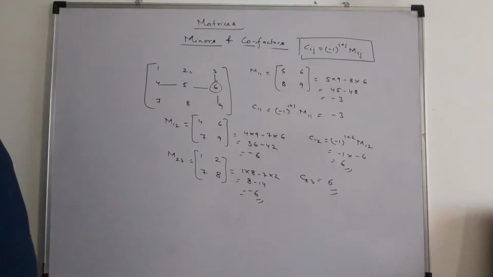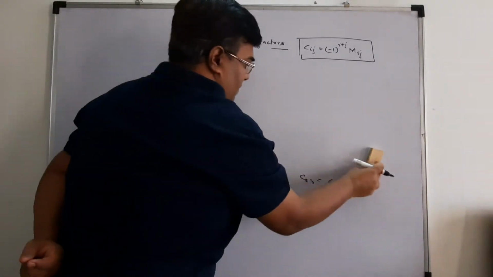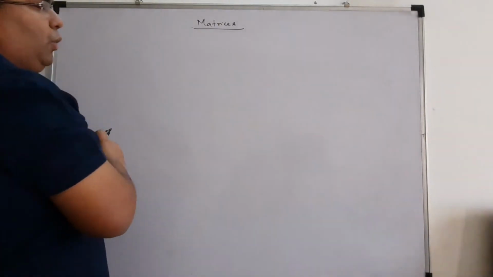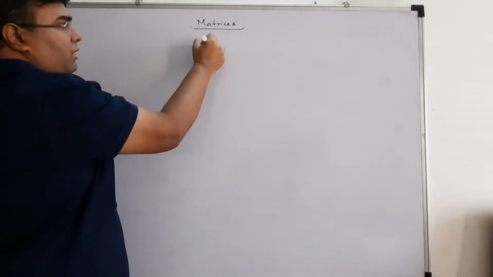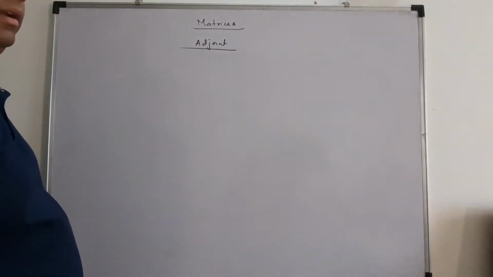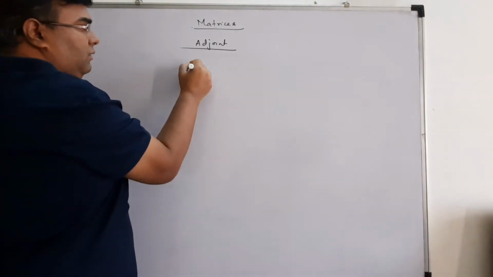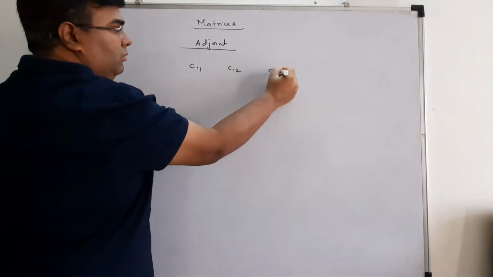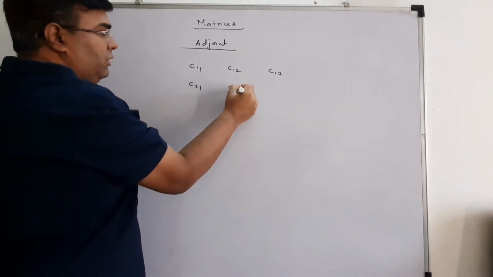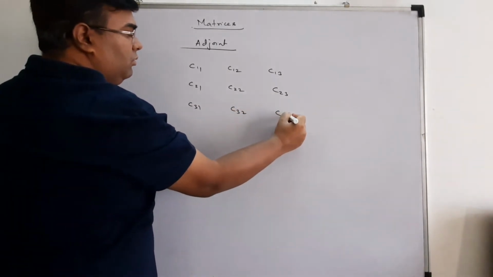Now we will learn about the cofactor matrix, and another thing which is the adjoint of a matrix. Very important. Okay. We know how to find the cofactors, right? So if we write all the cofactors, C11, C12, C13, I am taking a 3 by 3 matrix, C21, C22, C23, C31, C32, C33, what is this called?